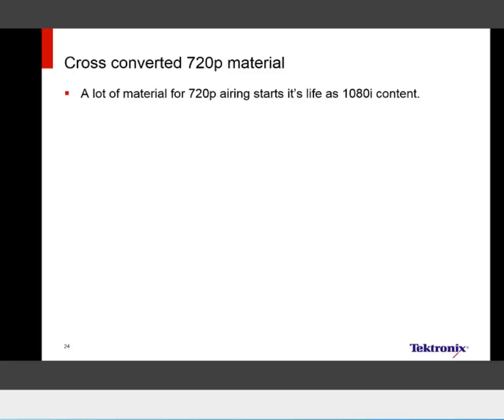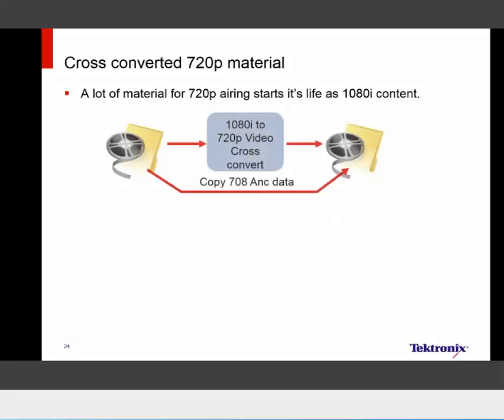Also, within the world, most of the material that is not live and not sports starts out its life as 1080i content. So a lot of the 720 material that airs starts its life out as 1080i content and needs to be cross-converted from 1080i to 720.